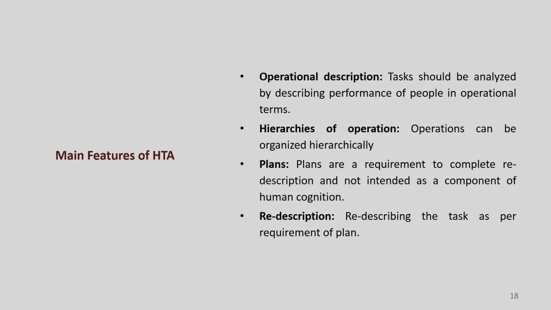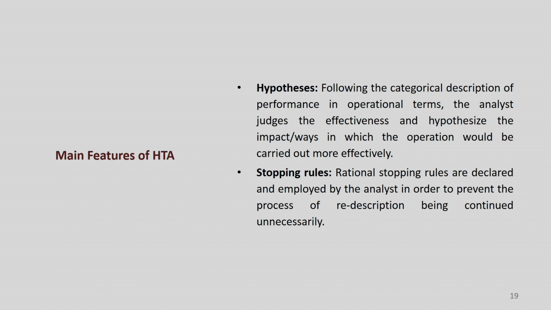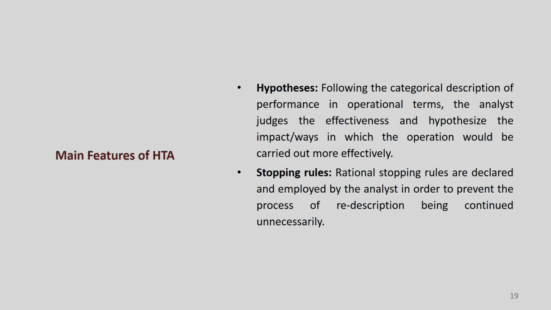So, this way you can use it in various fields. Also, it helps you to hypothesize some kind of event or some kind of operation which we really need to do during the process. So, the impact of some element on some others, how it is correlated. Hierarchical task analysis always helps to hypothesize that.